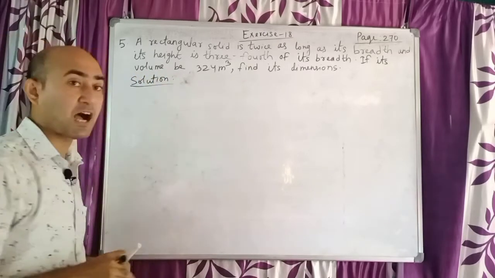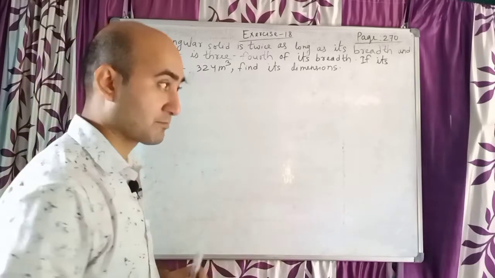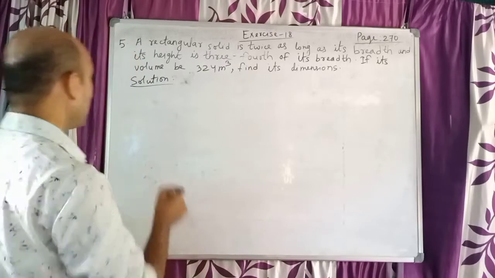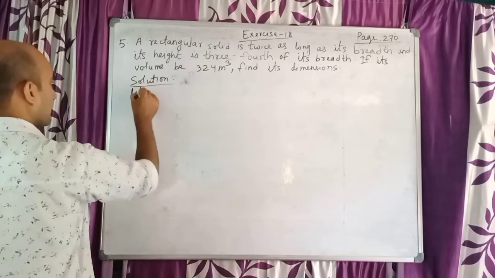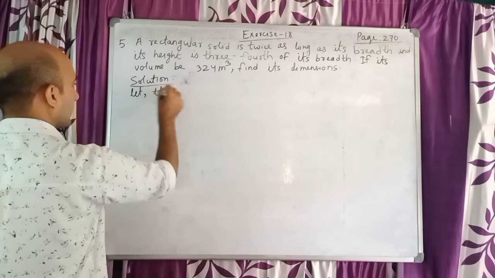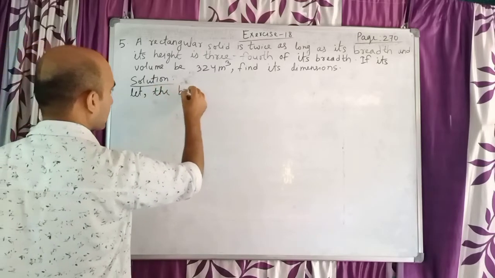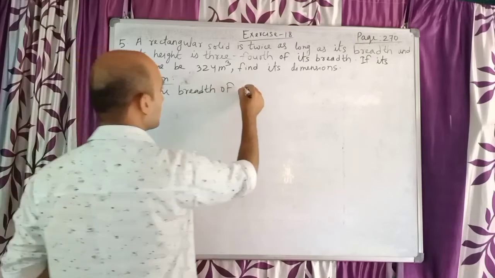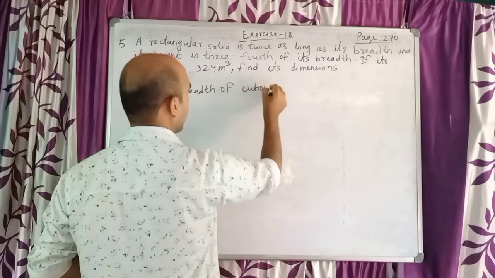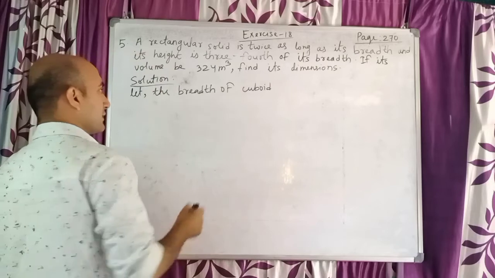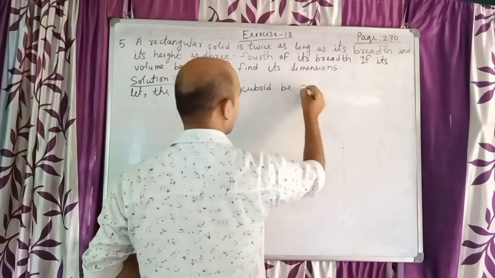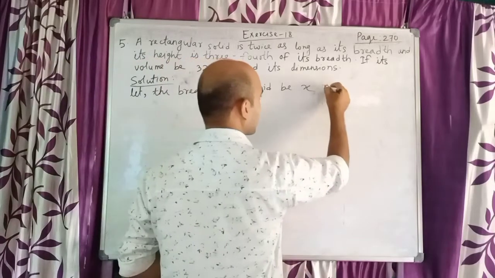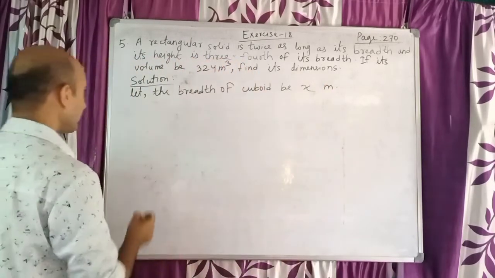first of all we will begin our work from breadth, because if you know breadth you know length and height. So I will write: let the breadth of the cuboid, or you can write rectangular solid, both are same, be x meter.